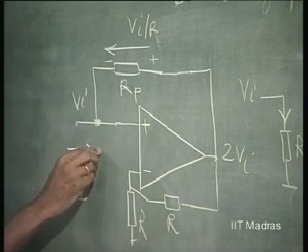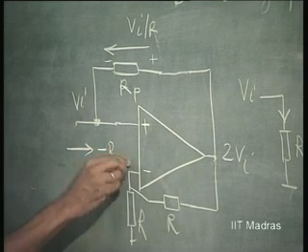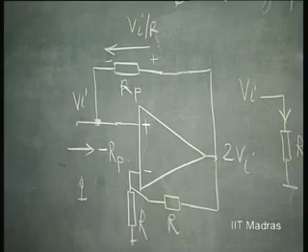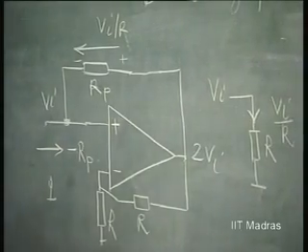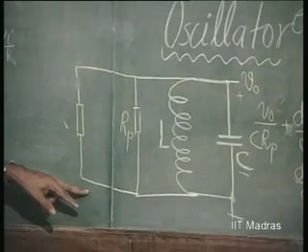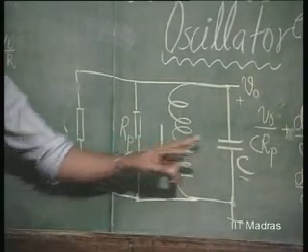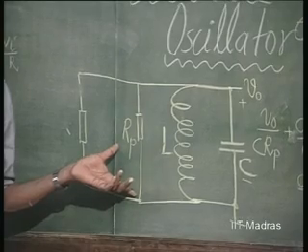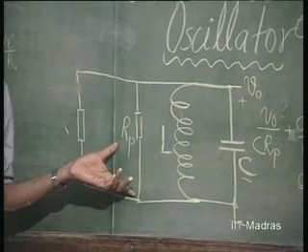So, this simulates a negative resistance of magnitude Rp. If I connect this circuit between this point and ground and I use a practical L and C with loss component Rp, then it will invariably go into oscillation.